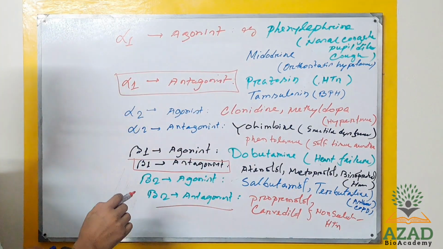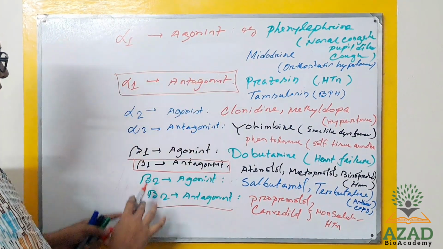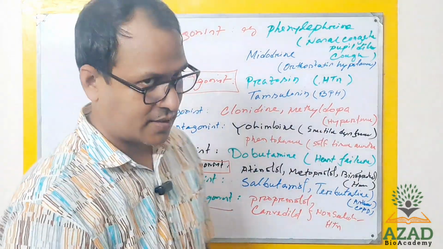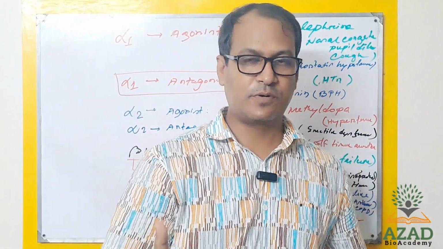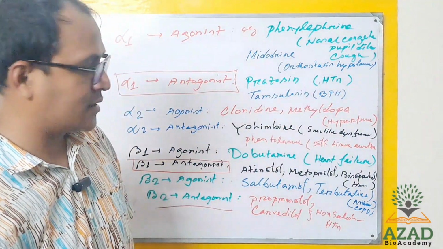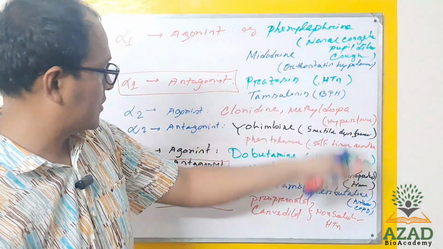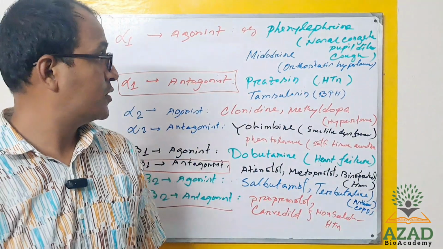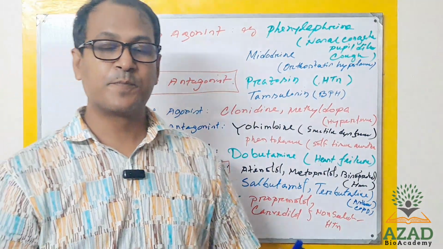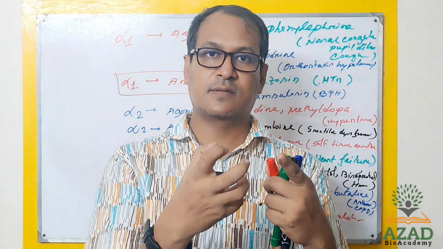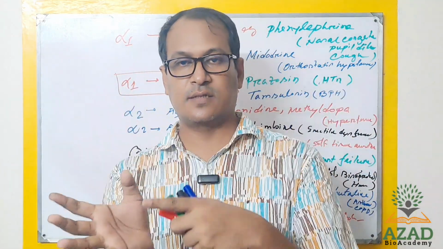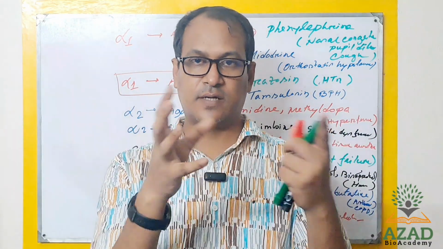Okay, so these are widely used drugs for antihypertension, COPD, or other uses, other factors already I explained. Okay, so this is all about the drugs associated with adrenergic receptors that can be agonist or antagonist.